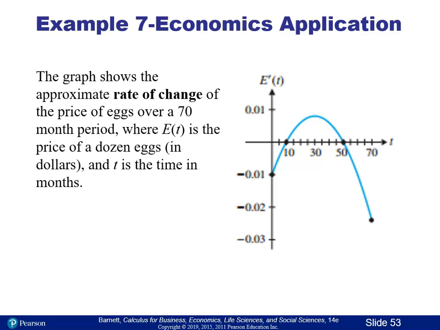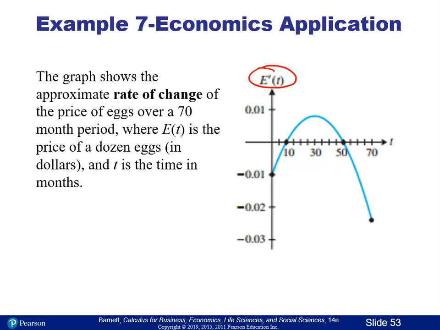Okay, so a couple economic applications here. Let's orient ourselves to this graph. So this is the graph of the derivative, not the original function. And this is talking about the rate of change, which is our derivative, of the price of eggs over a 70-month period.